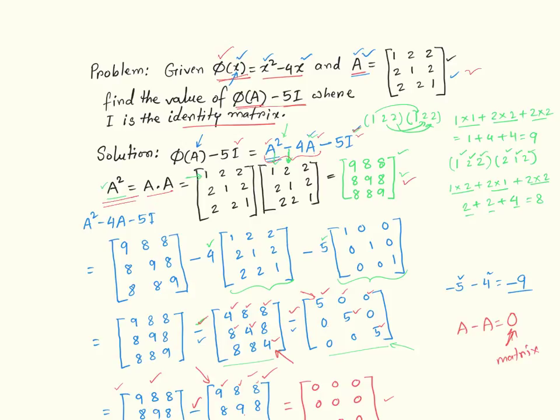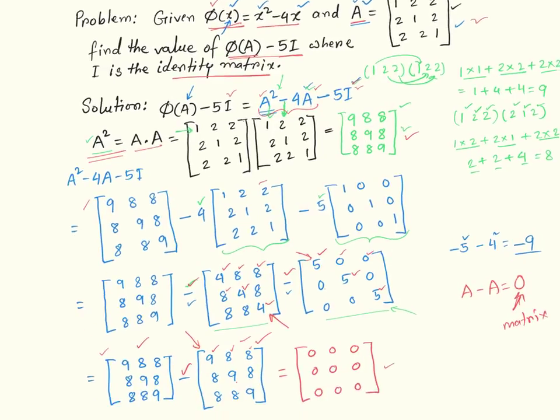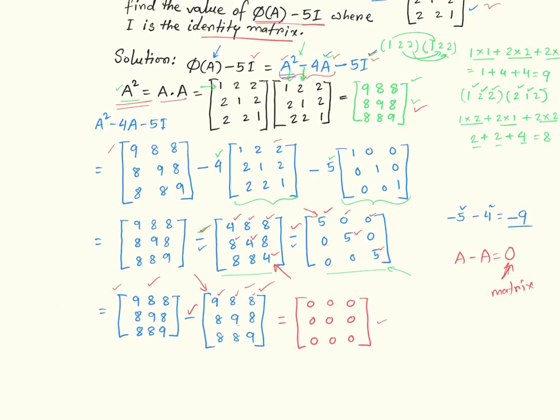Then I just plug it in here, A square minus 4A minus 5I, and then if I keep going, I get basically 0 at the end after doing some algebraic manipulation. Okay, so this is the step that does the algebraic manipulation of this expression, and at the end this is what I get, and this should be your answer.